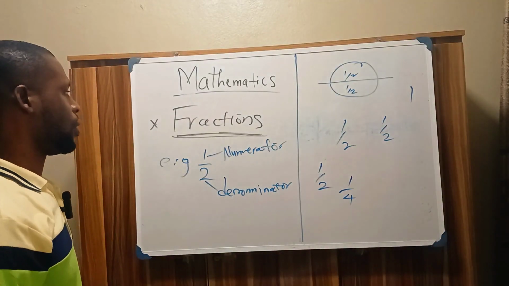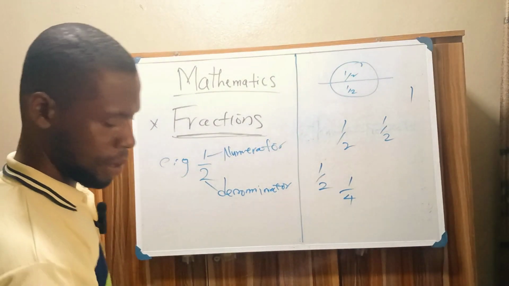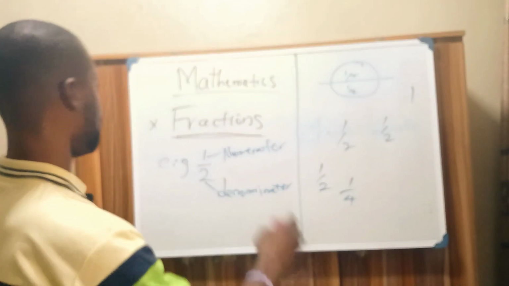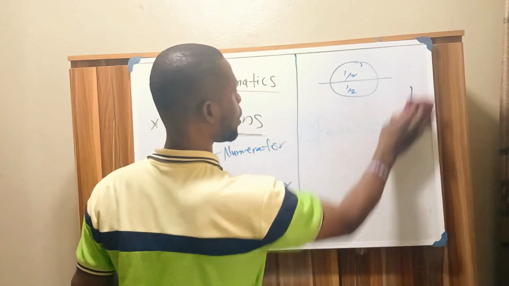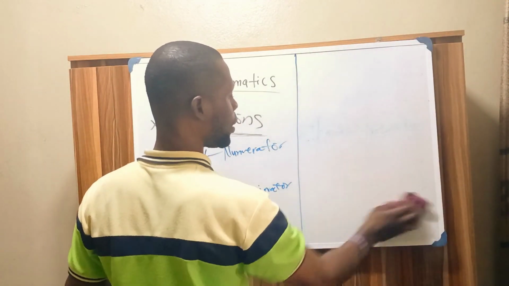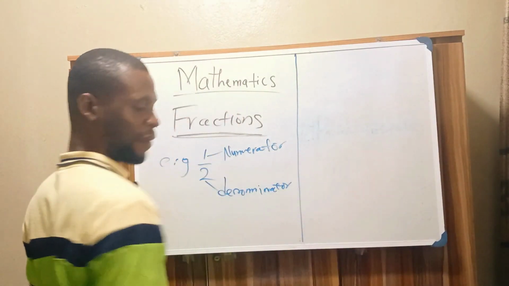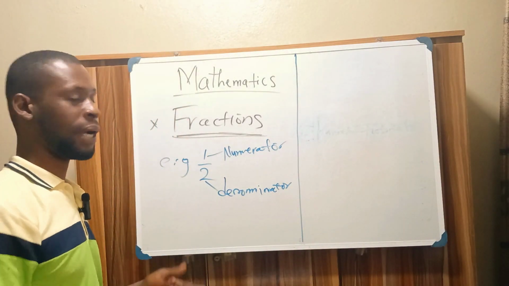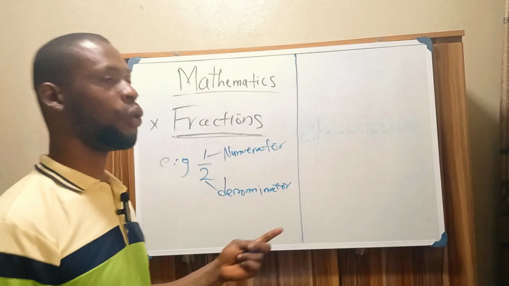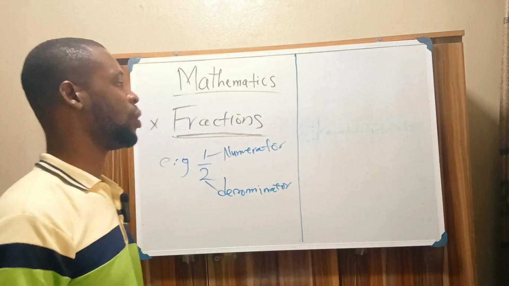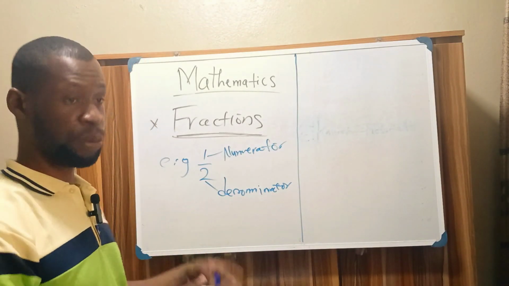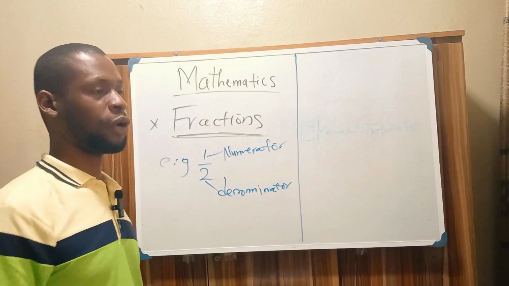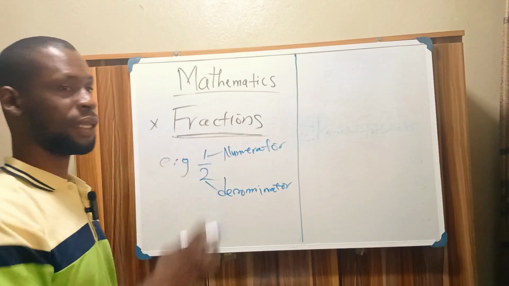So that is a fraction. Once any whole number is divided into equal or any other different parts, it is no longer a whole, but it becomes a fraction because it has been tampered with.